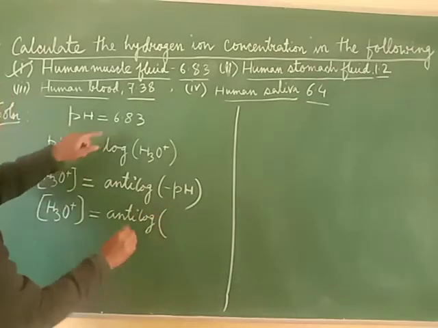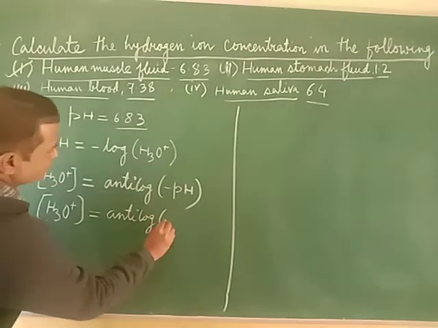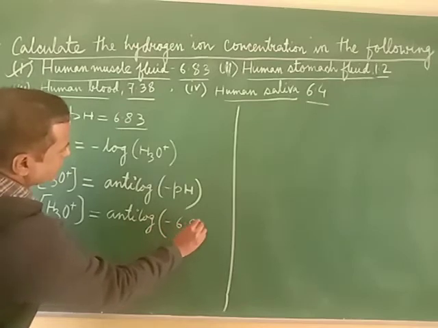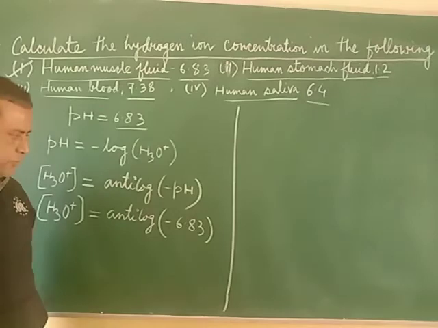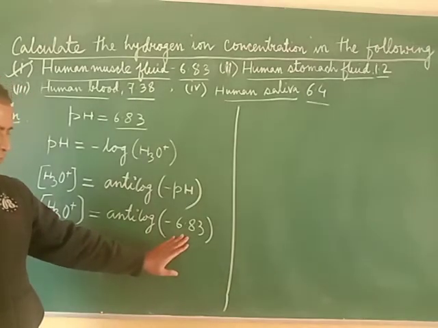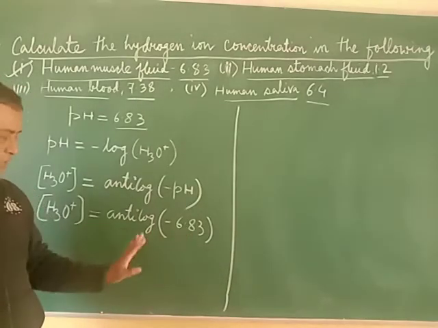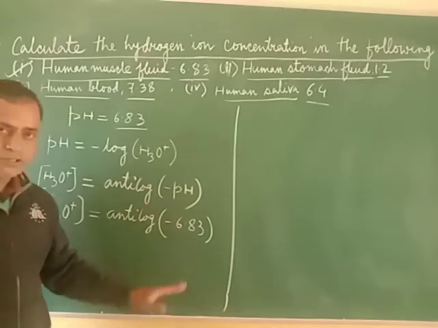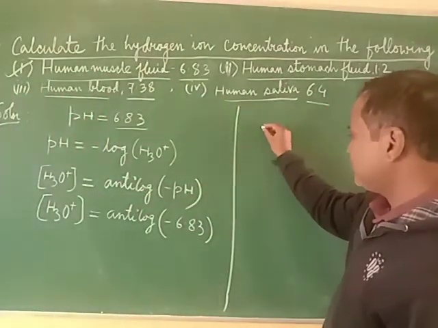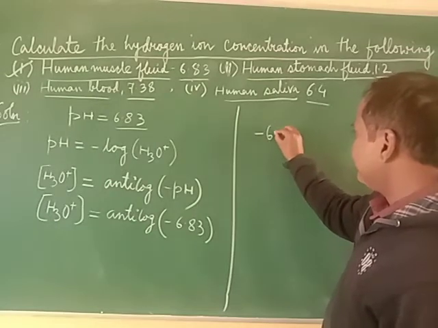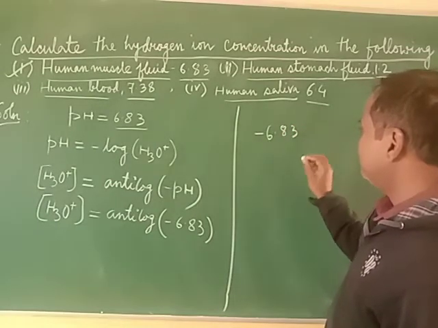what is the value of pH here? 6.83. So minus 6.83. Now students, as I have told in the earlier question, to find the antilog of minus 6.83, we have to know the trick. What is that trick? You write this in the rough column of your paper.